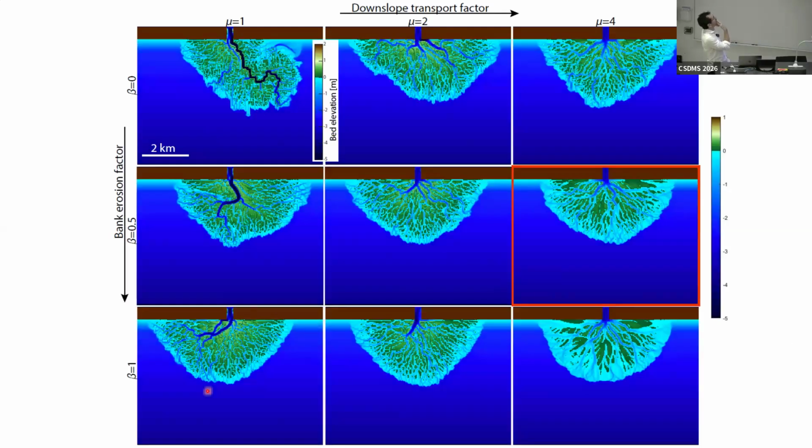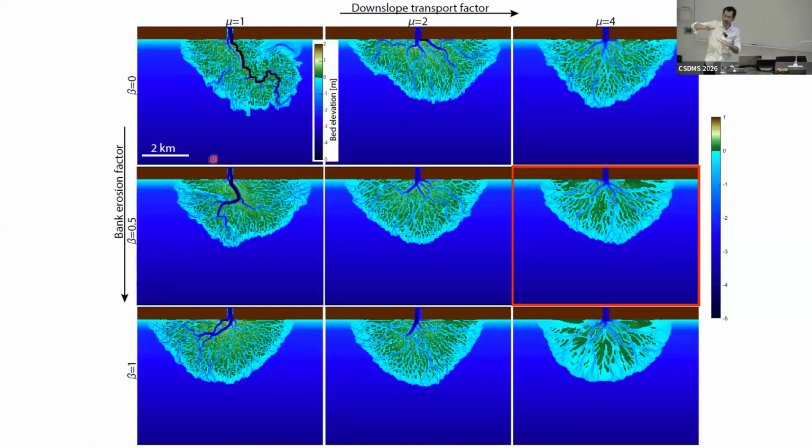So this is a sensitivity analysis. This is a standard delta with just river and sand, changing the downslope transport. With more downslope transport, you make channels that are wide and shallow. And this is a smaller downslope transport. I forgot to mention, with the bank, you want to erode the bank a lot with this mechanism.